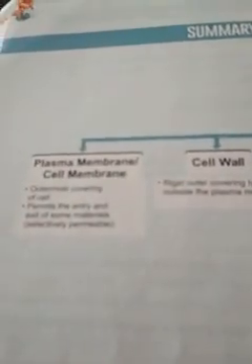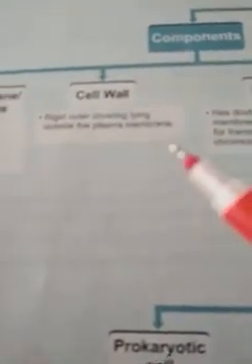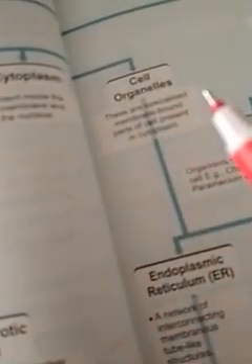So my dear students, this is all about the first chapter, the cell, which is the fundamental unit of life. Also, you have to take the flow chart as a summary chart here. The cell components are the plasma membrane, cell wall, nucleus, cytoplasm, and cell organelles.